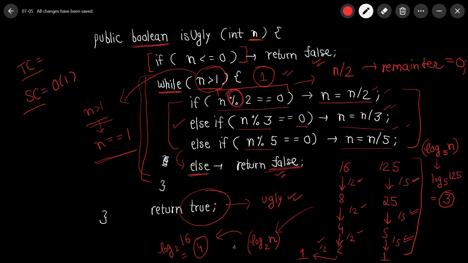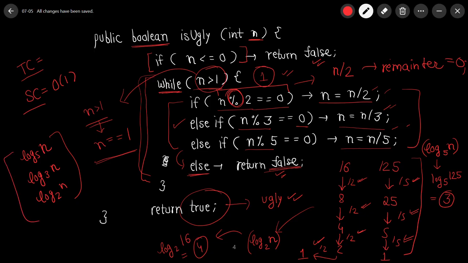And indeed, yes, we have performed 4 steps here also. So the thing I'm trying to tell is that you can see we can have either log n to the base 5 steps, or log n to the base 3 steps, or log n to the base 2 steps, right?